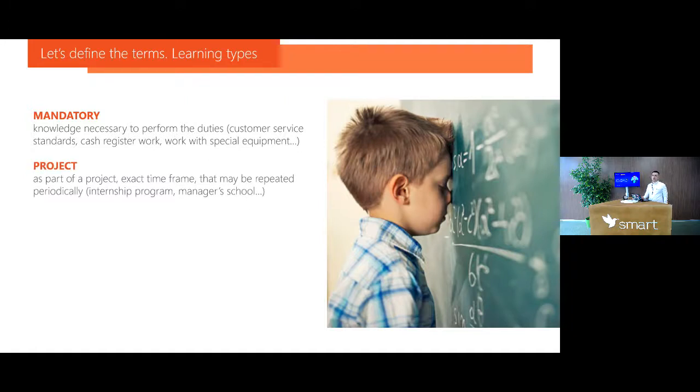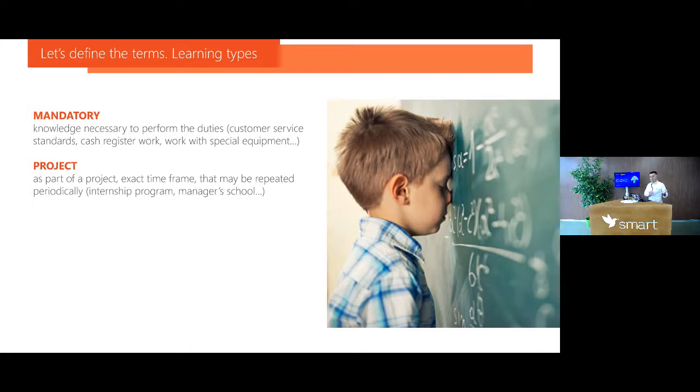Project learning is also a type of learning in your company. For instance, if you have internship programs, some academies for potential employees. For instance, in our company, Smart Business, we have Smart Academy. This is a learning activity, of course.